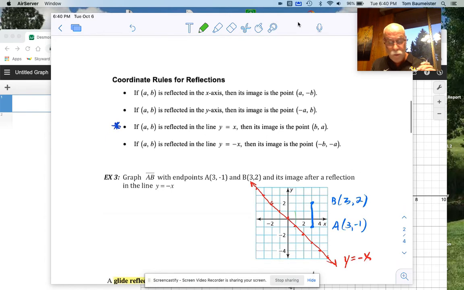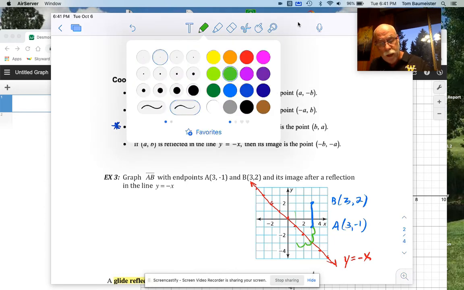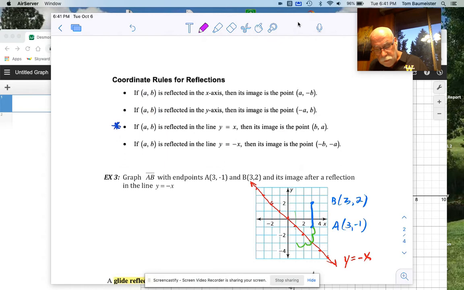All right, so we're still going to do the same exact thing I just did. I go to the line, so let's go ahead and do A. I'm going to go 1, 2, and since I want to go over it, and it's a diagonal line, I'm going to go 1, 2, and my point will be right there.